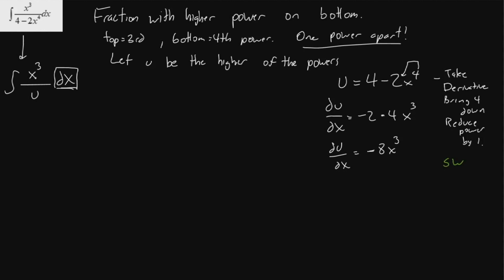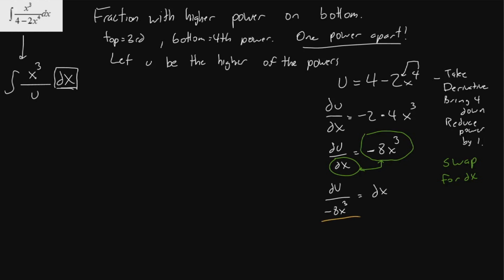Now I want dx as my answer, so I'm going to swap the dx with what's on the right and exchange their positions. So I can say that du over negative 8 x to the 3rd is equal to dx.